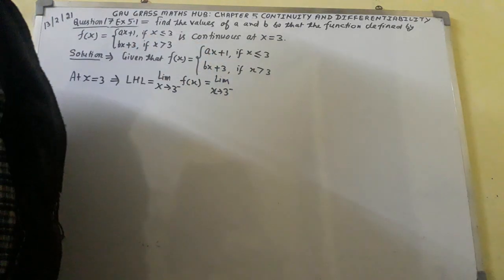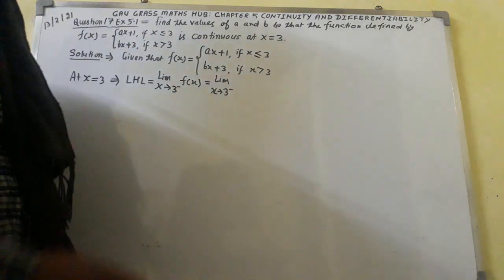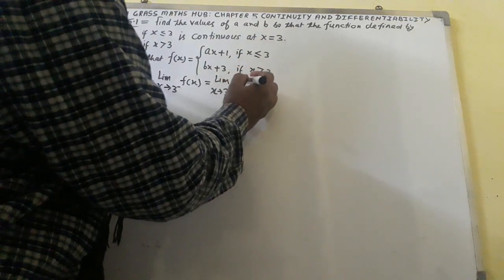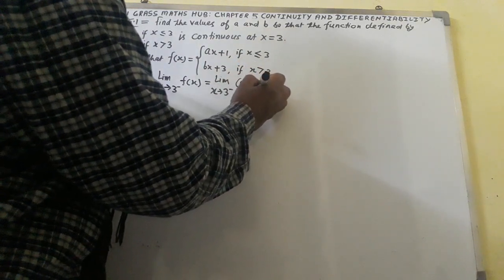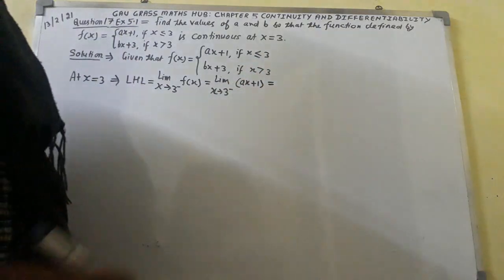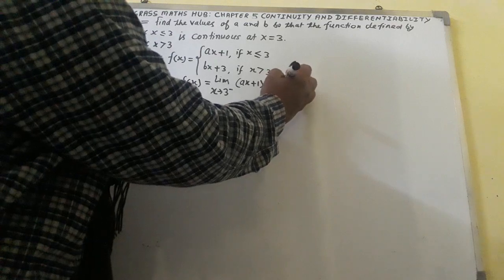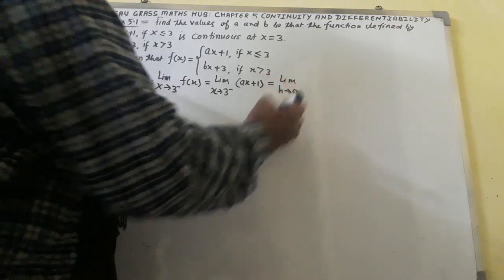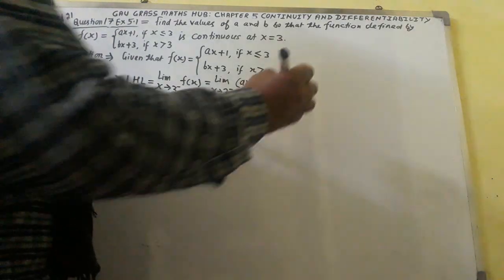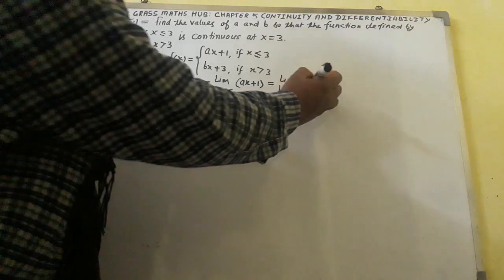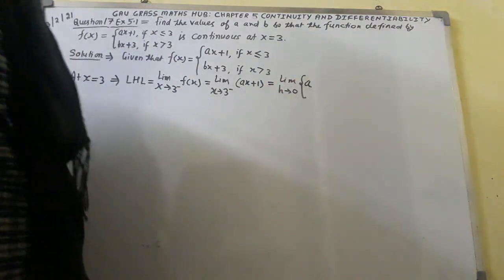So in place of f of x, I shall write ax plus 1, equal to lim h tends to 0 of, in curly bracket, a.